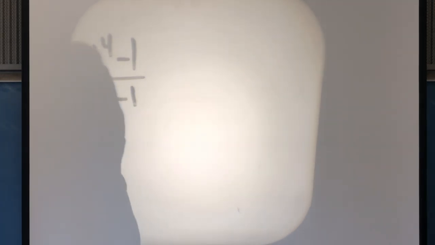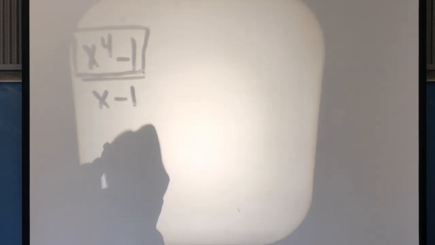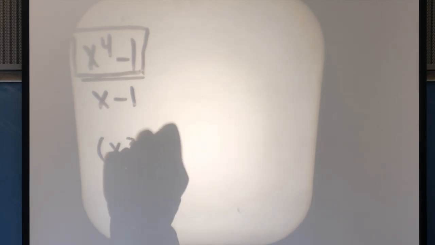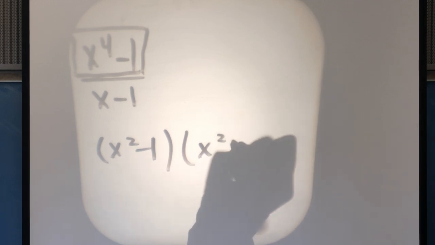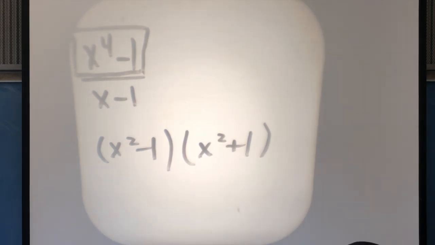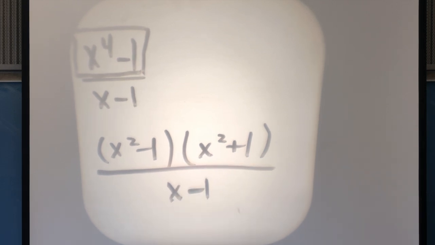we can use the difference of squares to factor the top. So x to the 4th can be factored into x squared minus 1 and x squared plus 1. This is the difference of squares. And then we have the denominator.